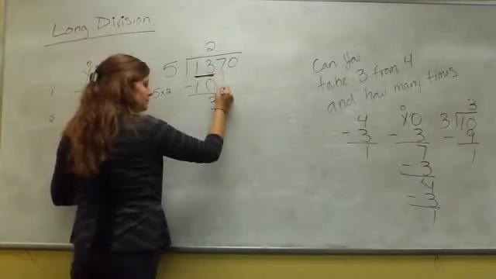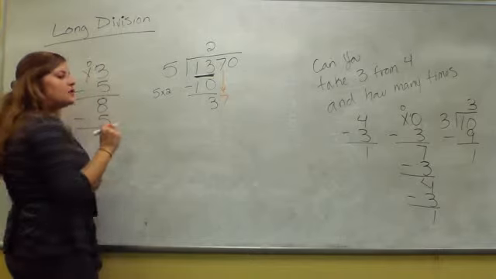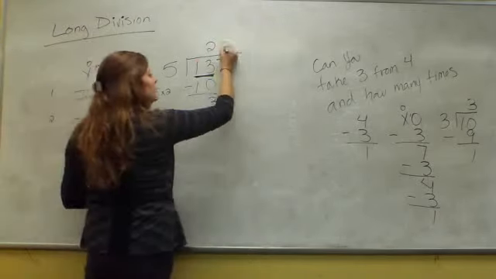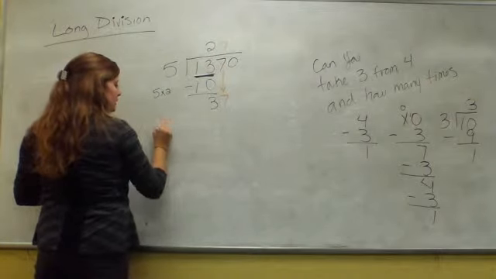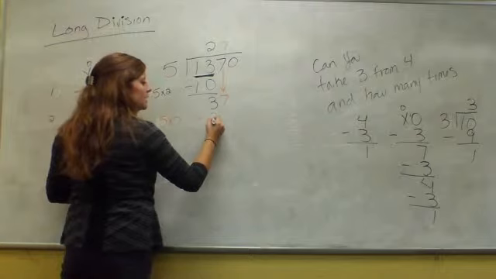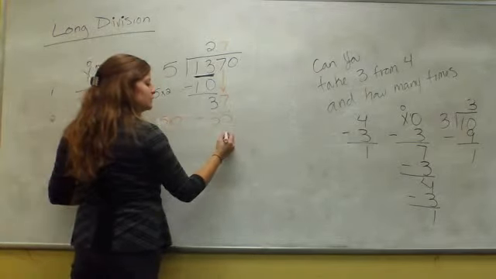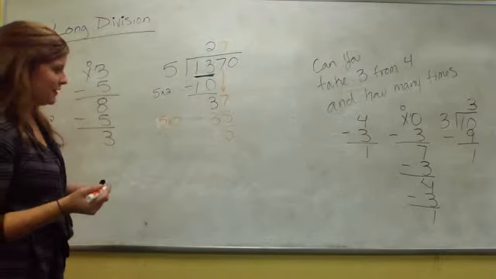Bring down my 7. How many times can 5 go into 37? 7 times. 5 times 7 is 35. 7 minus 5 is 3 minus 0. 3 minus 3 is 0.